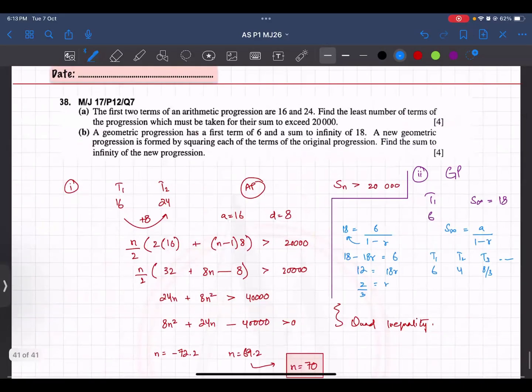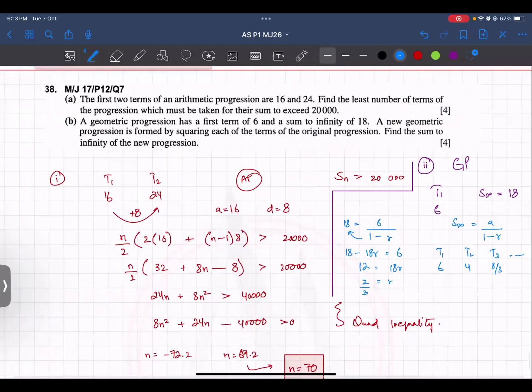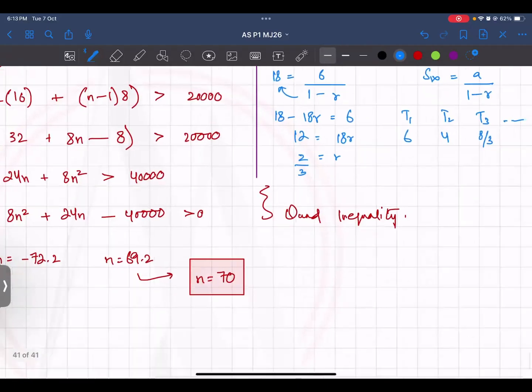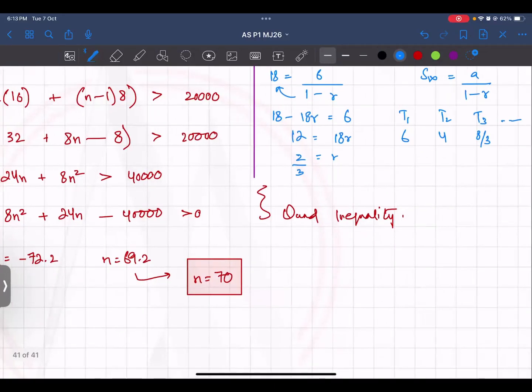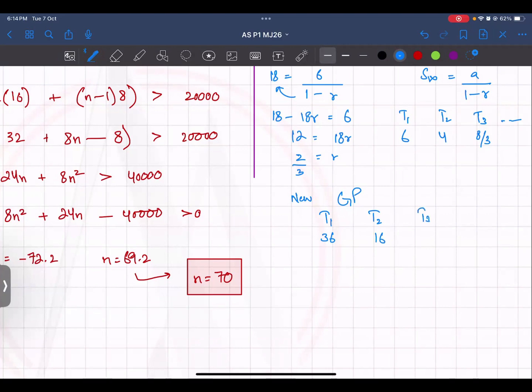They are forming a new geometric progression by squaring each of the terms of the original progression. So the new GP will be something like this. Term 1 would be 36, term 2 will be 16, term 3 will be 64 upon 9, and so on and so forth.